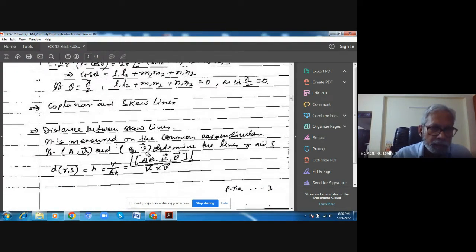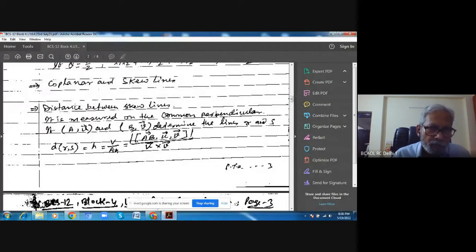Now let's see another important topic, the distance between skew lines. That is also very important. I'll show you some numericals on the distance between skew lines. Here are some different formulas. It is measured on the common perpendicular. Here A is given, and this is one of the vectors.